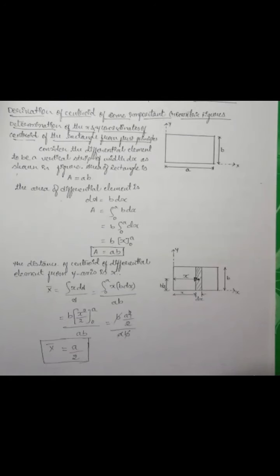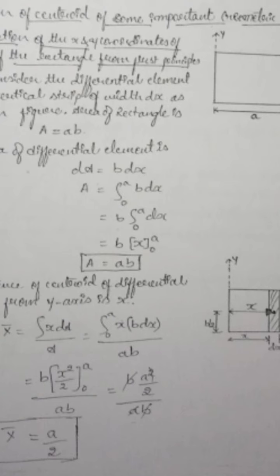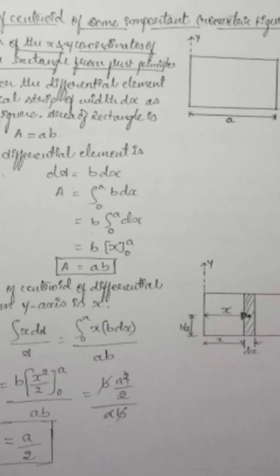That's what you have to take. So dA, what is that? The integration of the distance from the CG of that elemental section to the origin, which is x, times the elemental area dA, divided by the total area, which we have determined earlier.